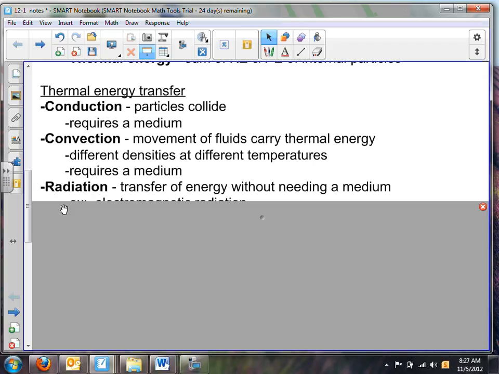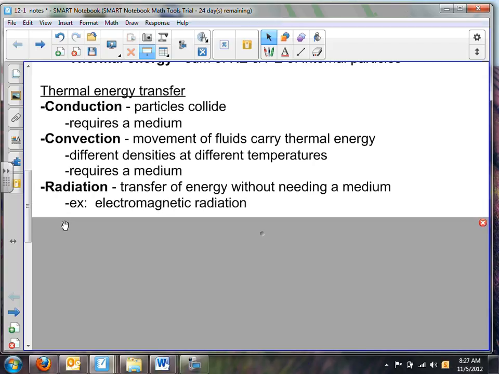The third one is radiation, which is a transfer of energy without needing a medium. And this would be like electromagnetic radiation. We get the sun's energy to us, even though space is a complete vacuum.